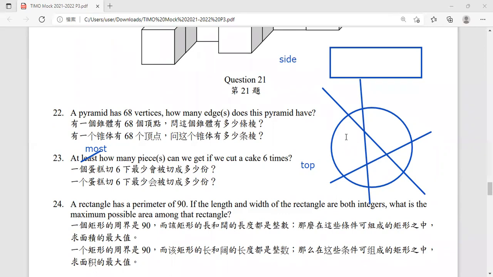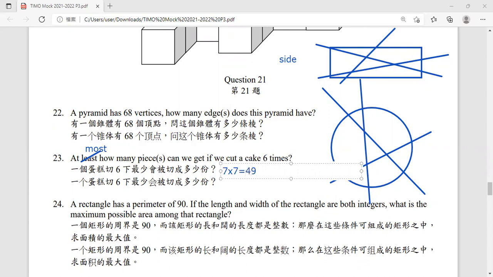Again, I do the same thing again. So 7 parts again. So you count the parts here. So every pass you cut into 7 pieces. So there are 7 times 7, which is at most 49 parts. Okay.